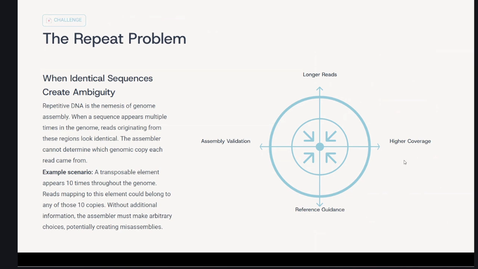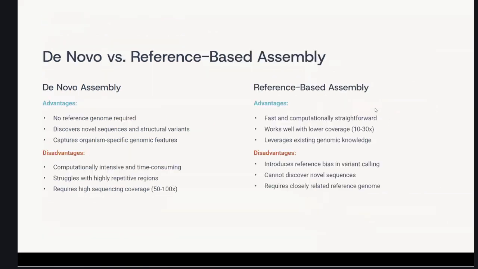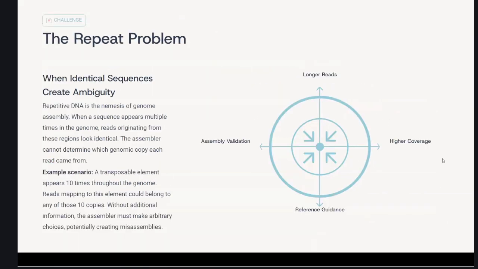By sequencing deeper, we get more reads which will span to the flanking unique regions present close to the repetitive regions, and the assembler could have more information, so it can arrange them correctly. So we can sequence the genomes at a higher coverage to get out of this problem.